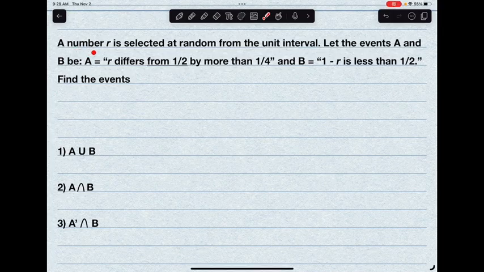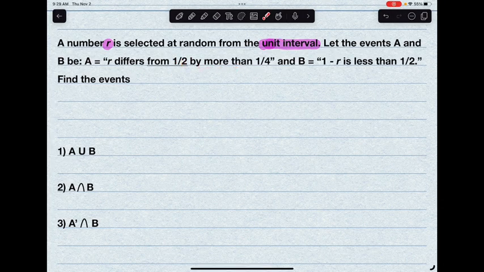A number R is selected at random from the unit interval. Okay, so here we have the unit interval, a number R selected from this interval. Then now we have 2 events. Event A is all the numbers in this unit interval whose difference with 1/2 must be more than 1/4.